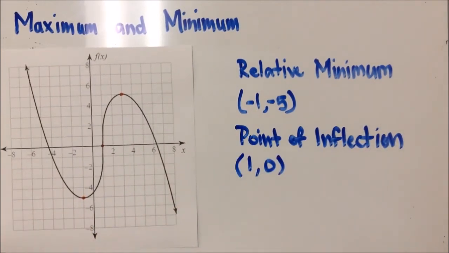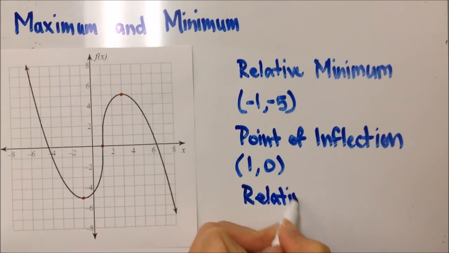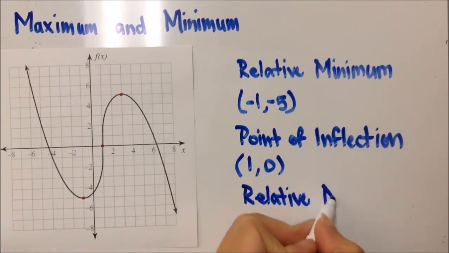And now our last one is the maximum. There's no more maximum, so it's just one, meaning it's just a relative maximum. So, alright, relative maximum.